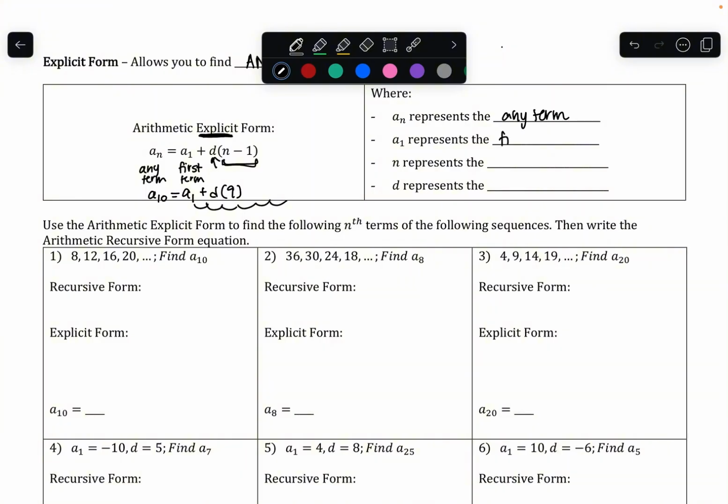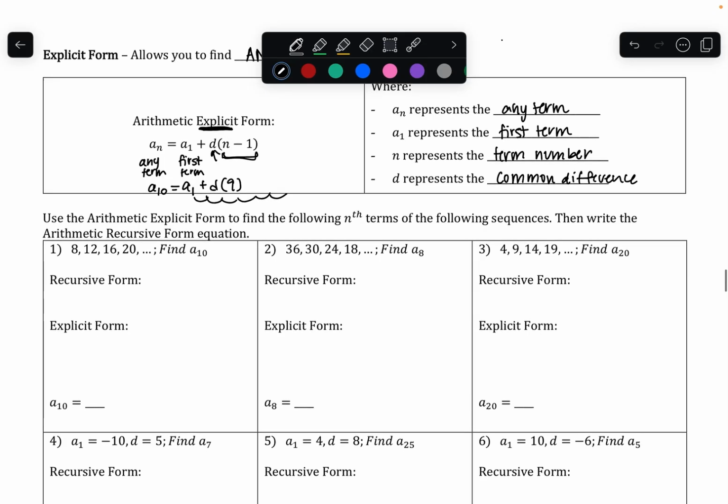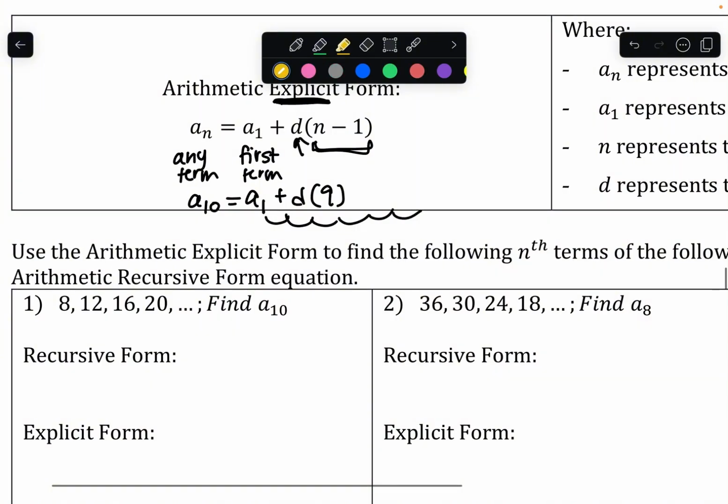A sub 1 is your first term. N is the term number. And then D is still the common difference. Okay, so in order to have an explicit form, they have to tell you the first term and they have to tell you the common difference.